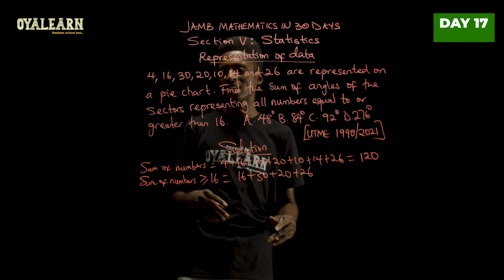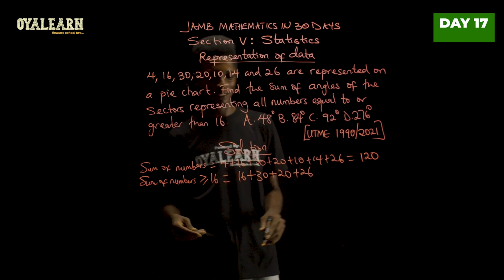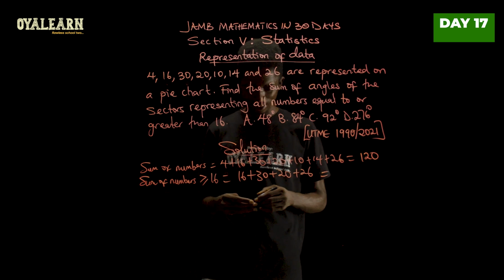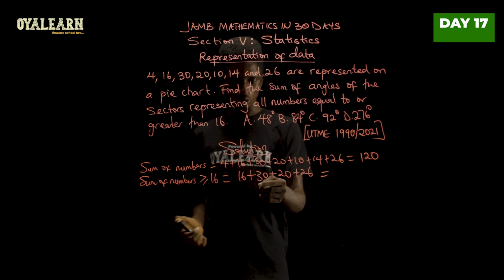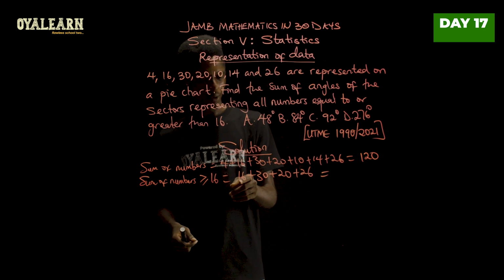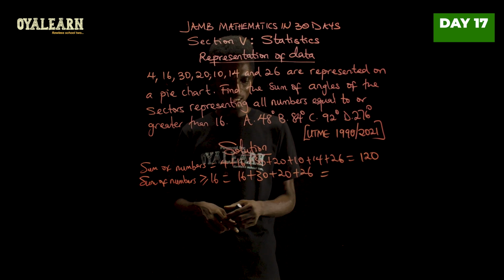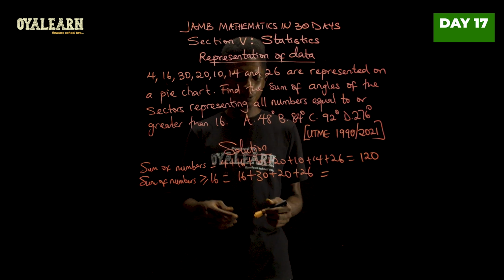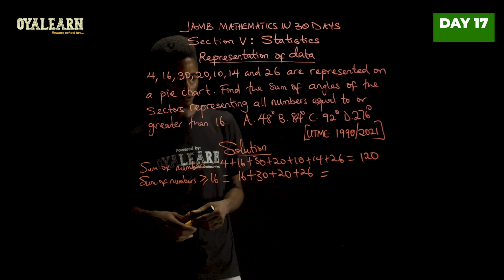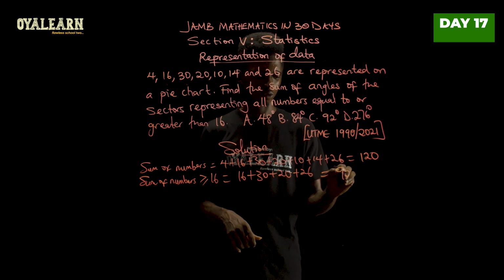These are the numbers that are equal or greater than 16. And now when we add this, 16 plus 26 will give us 42. 42 plus 50, that is 92.